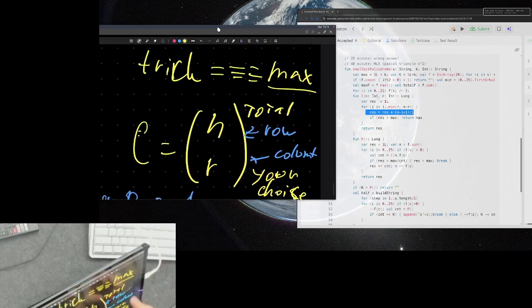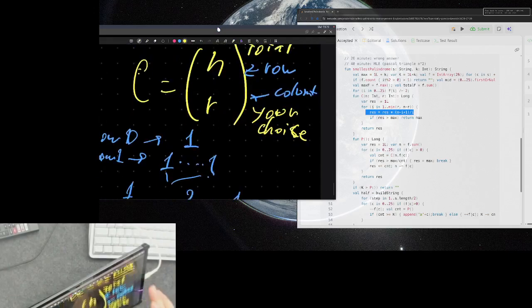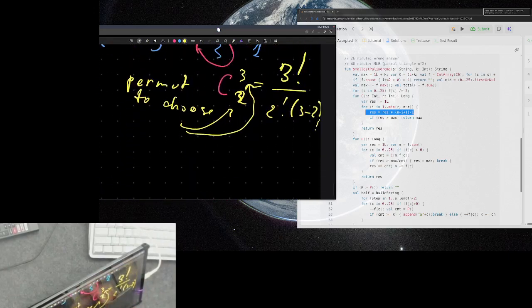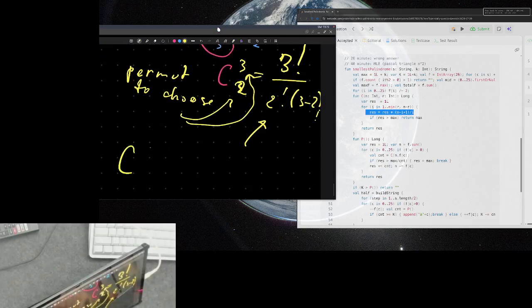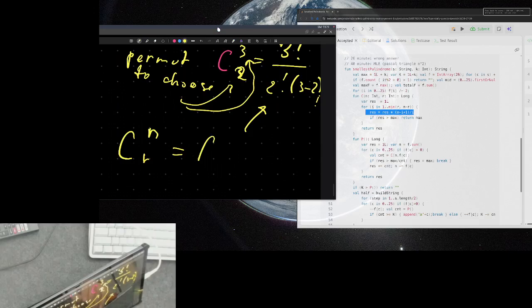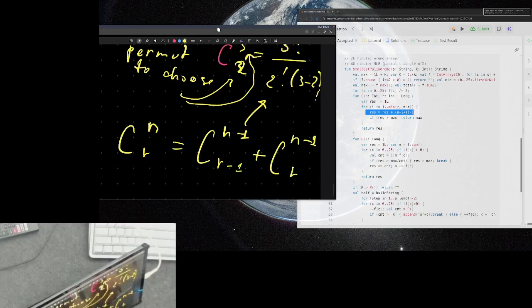This is how Pascal triangle works, and when we compute on this, it is like CNR, and it is a sum of previous row and minus 1, left position column minus 1, plus C previous row current column.